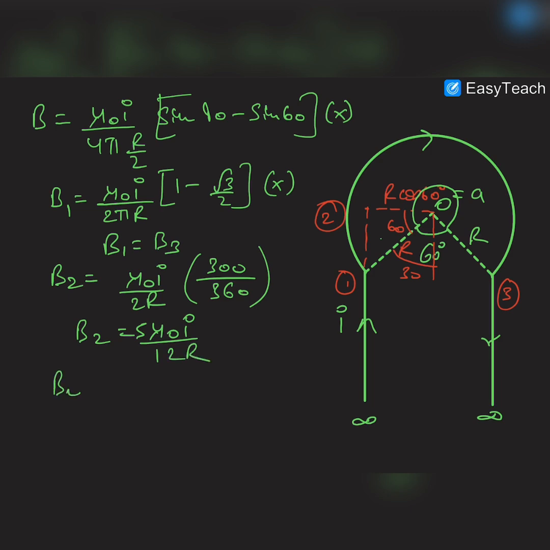So B net will be equal to twice B1 plus B2, and twice B1 will be mu naught I by 2 pi R, times 2 minus root 3, plus 5 mu naught I by 12R.